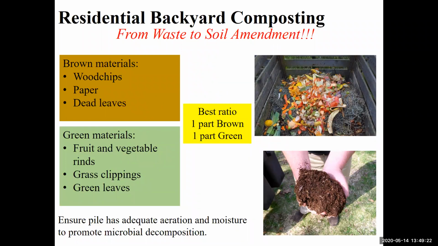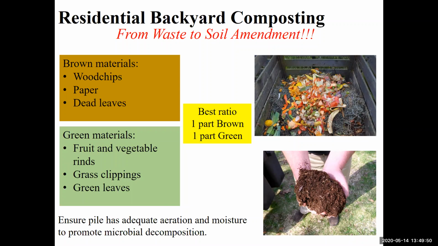Now for the best results, you want to add brown organic materials such as wood chips, paper, or dead leaves. This brown organic material is going to supply those microbes with carbon. We also want to have green organic materials, like grass clippings and fruit and vegetable rinds, that provide those microbes with a nitrogen source.